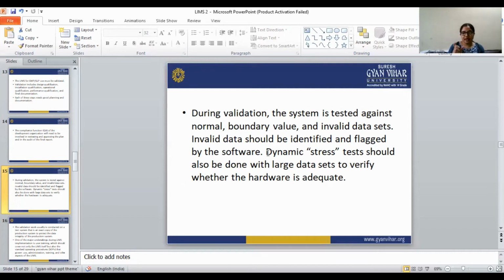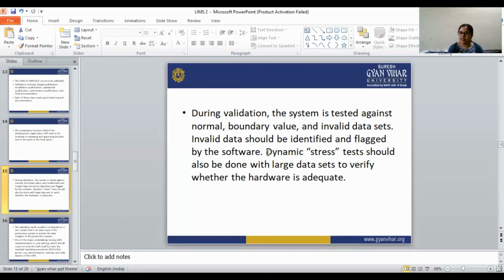So during the test period, the invalid data should be identified and flagged by the software itself. Okay, so this is compulsory. That is a must.